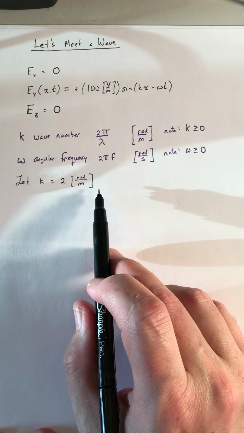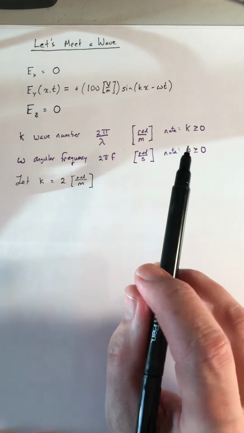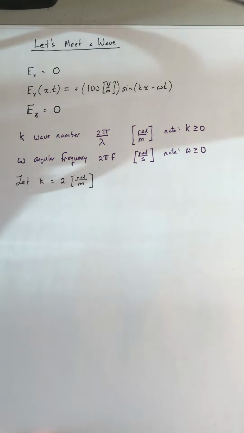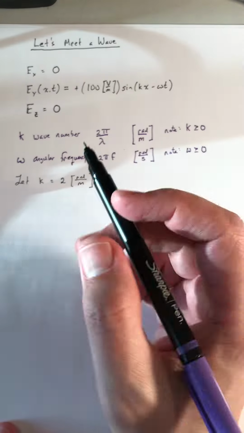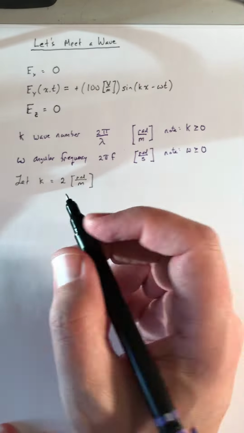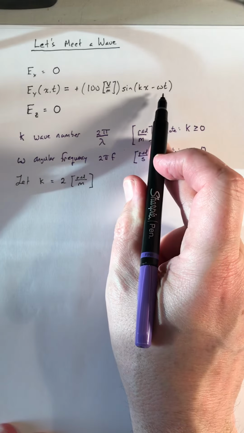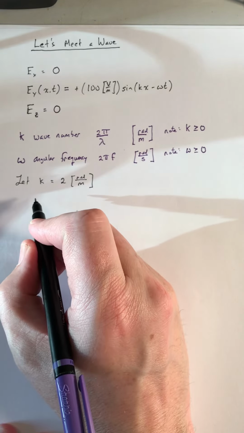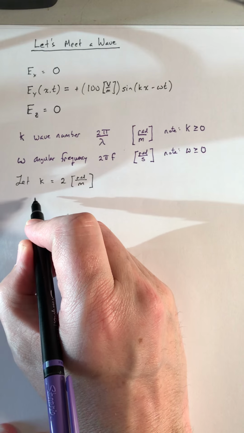We want to find what direction the wave is propagating in. What we want to note is that this argument for time can only go forward.